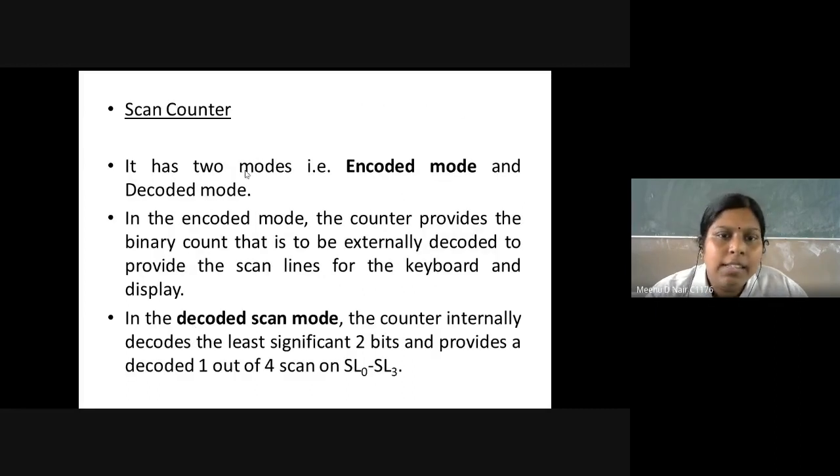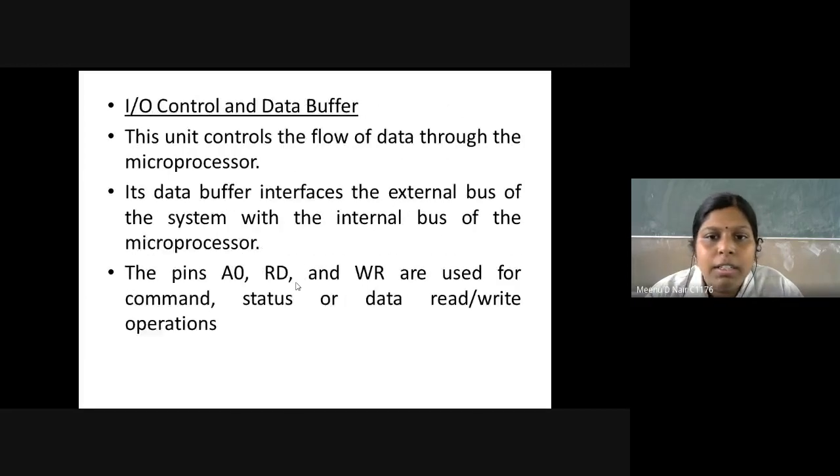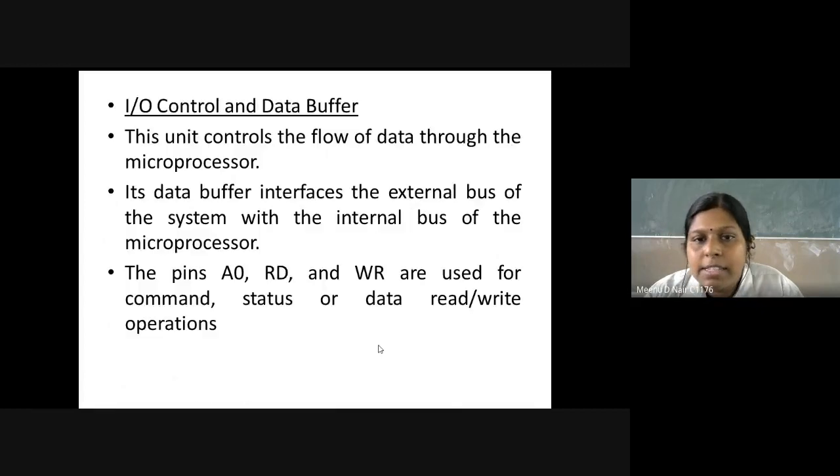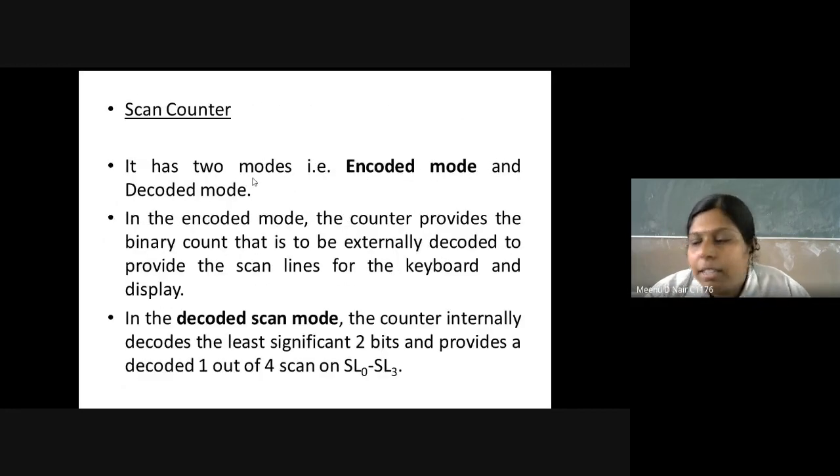Next one is the scan counter. From the timing and control, the signal is given to the scan counter. We'll see what the scan counter is doing. The scan counter has two modes of operation: the first is encoded mode and the second is decoded mode.